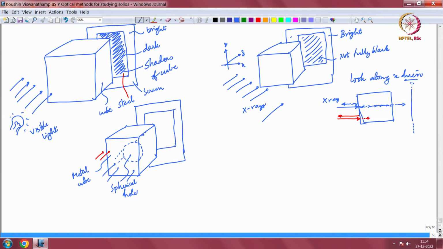Now because the hole implies that certain part of the substance is not really absorbing as much as certain other regions, you will actually see a higher intensity in the middle. So you will see darkish grey here and a lighter grey here, and this of course will be white or bright, whatever the usual, if the object was not there.